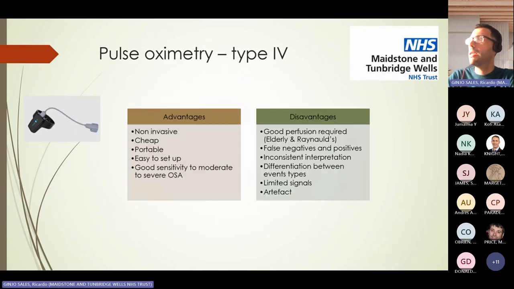The next one is the easiest device, I would say, the very old device, pulse oximetry. Probably everyone knows this device. It provides two signals, oxygenation and pulse. In our service, we use this device mainly for inpatients because it's non-invasive, cheap, portable, easy to set up, and also shows quite good sensitivity to moderate to severe OSA.